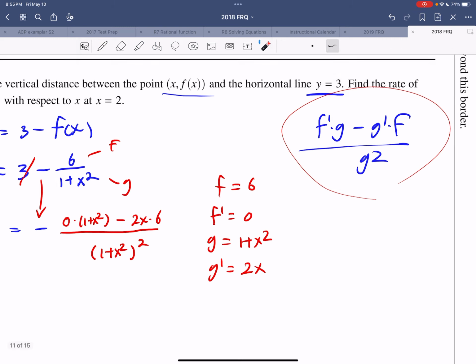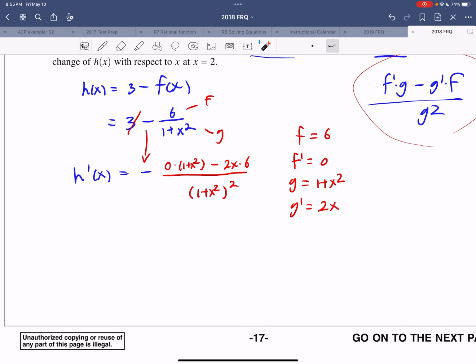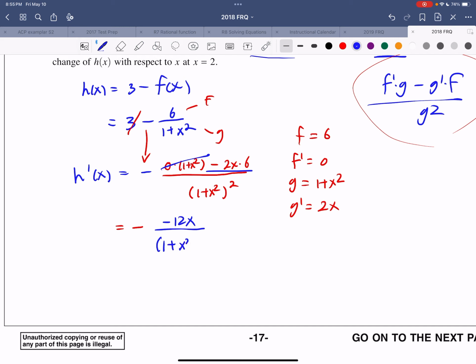Just don't forget about this square here. Even if you write it like this, you're going to get most of the points. So I still have the minus, and that disappears, so I have negative 2x times 6, which is negative 12x, over 1 plus x squared, squared. And negative times negative is positive, so I'll just erase it. Like that. So keep that in mind.